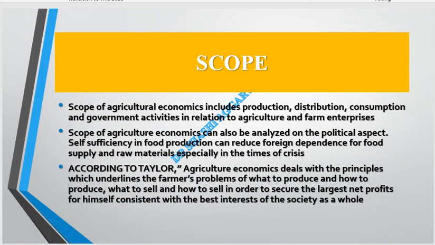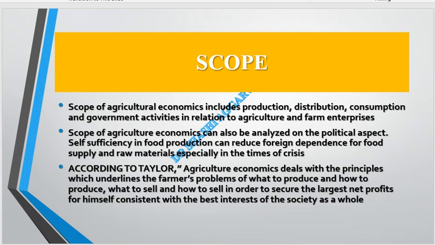Now we will understand what the scope of agriculture economics is. The scope of agriculture economics includes production, distribution, consumption, and common activities in relation to agriculture and farm enterprises. The scope can also be analyzed on the political aspect. Self-sufficiency in food production can reduce foreign dependence for food supply and raw material, especially in times of crisis.